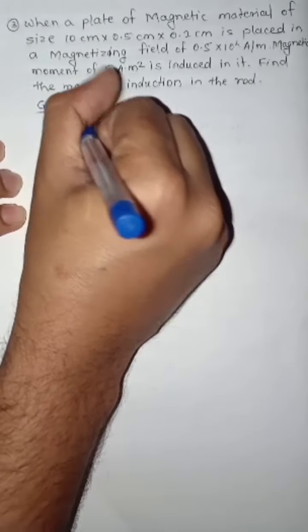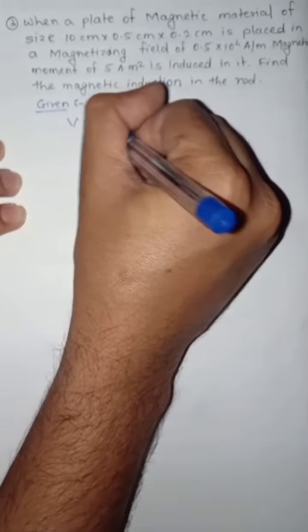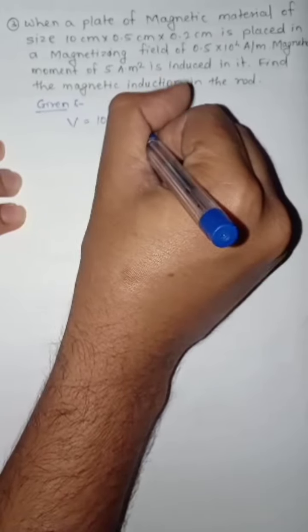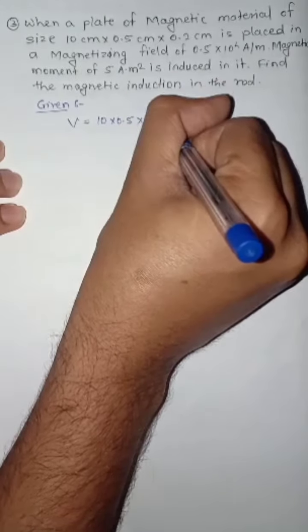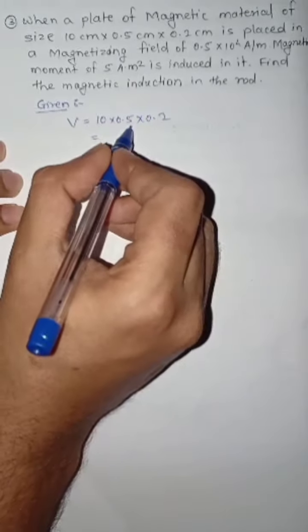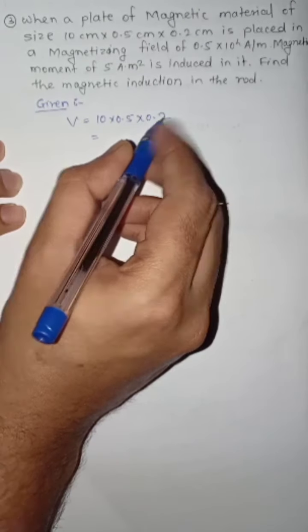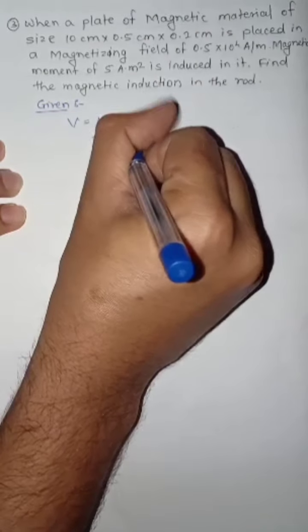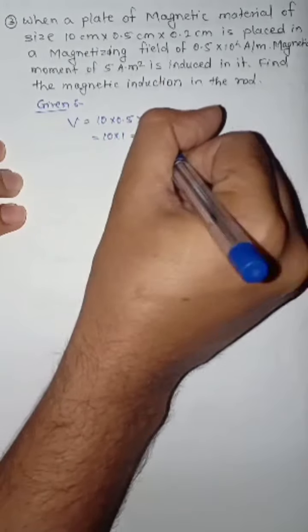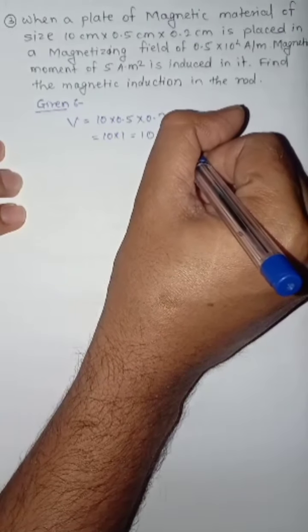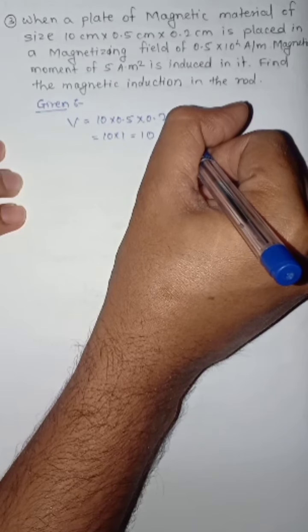First one we will write here volume. So volume is equal to 10 into 0.5 into 0.2, which is equal to 5 2s are 10. So 10 into 1 equal to 10. Unit is centimeter cube.